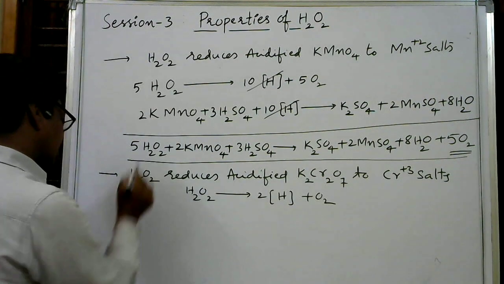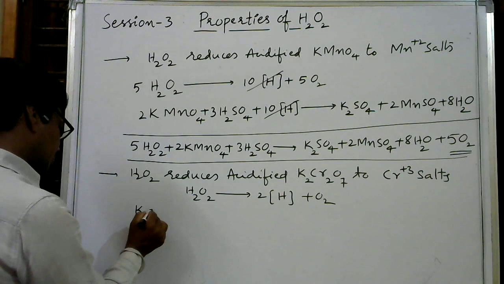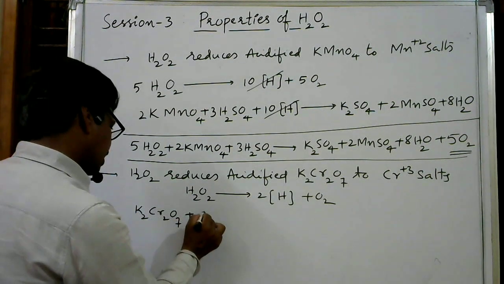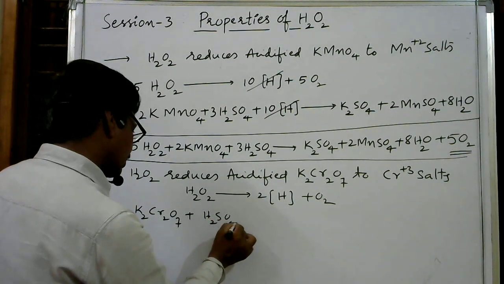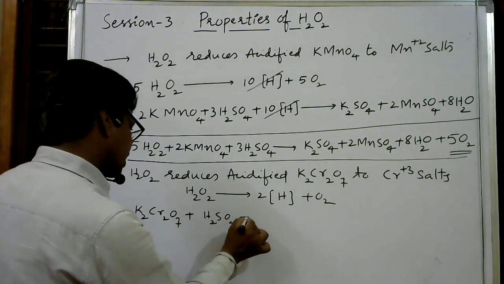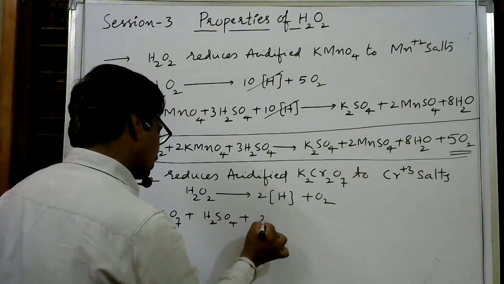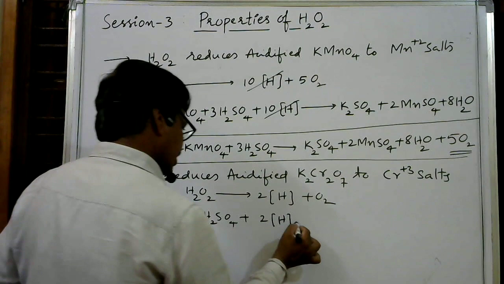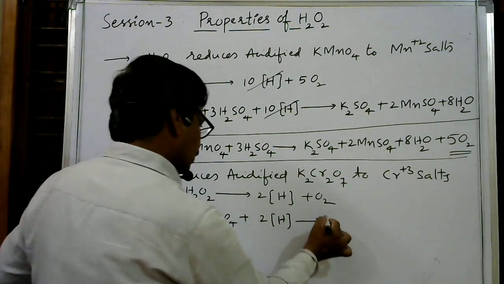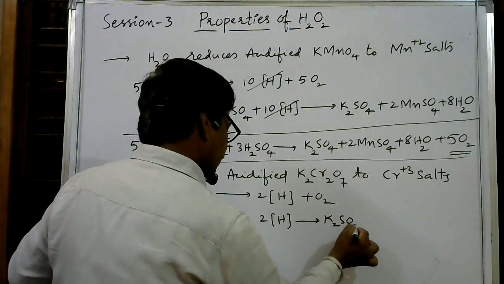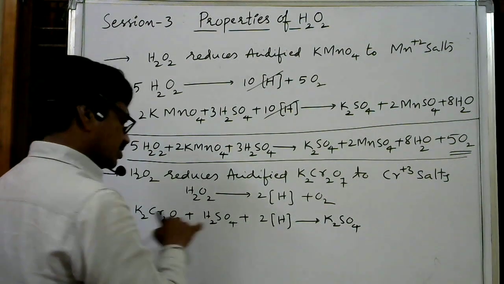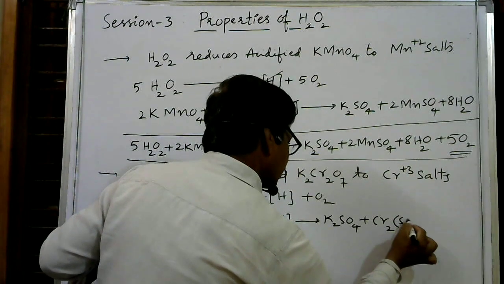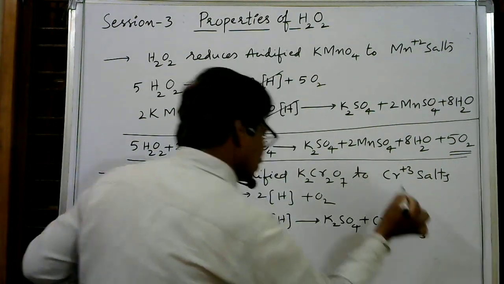Similar to this, I am taking K2Cr2O7 plus H2SO4, acidified, and these 2 nascent hydrogens, first I am writing, afterwards we will change this, give rise to K2SO4, potassium sulfate. Then 2 chromiums are there, so Cr2(SO4) taken thrice. This is chromic sulfate.